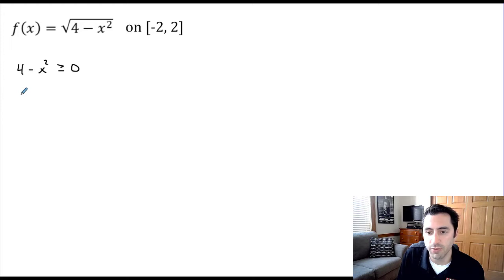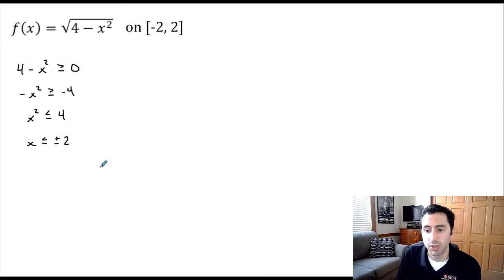I can subtract 4 from both sides. And then I'm going to divide by -1. When I divide by a negative, I do need to switch the sign. And now taking the square root of both sides, we end up with x is less than or equal to plus or minus 2.